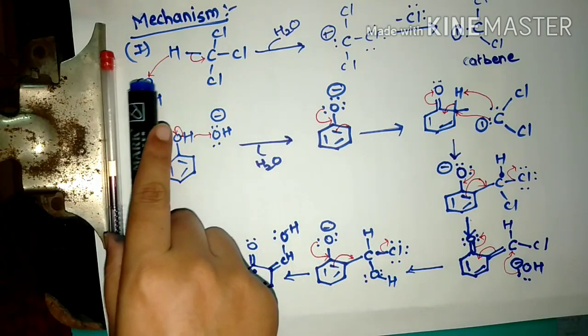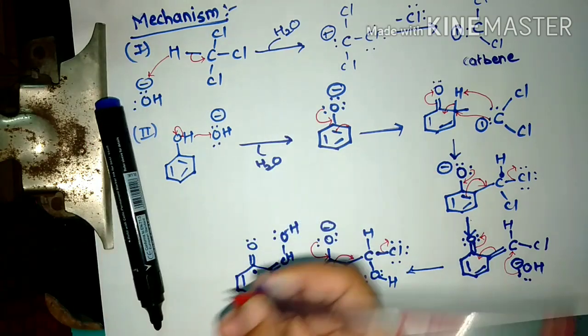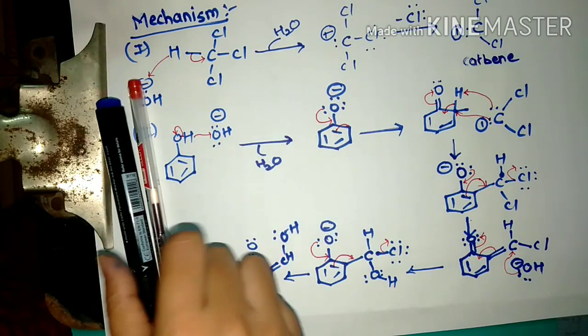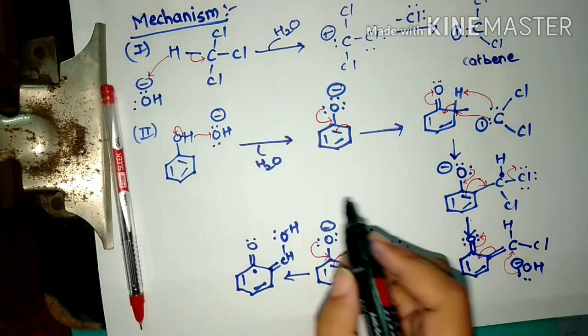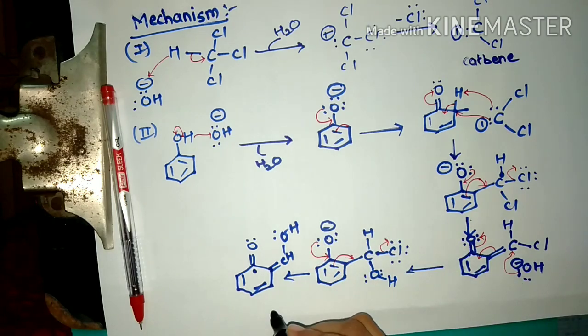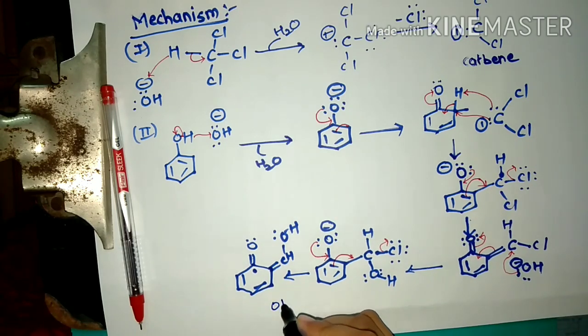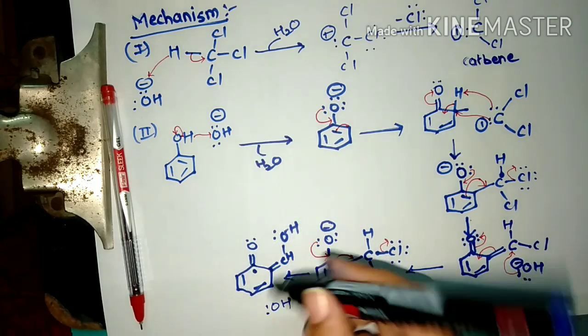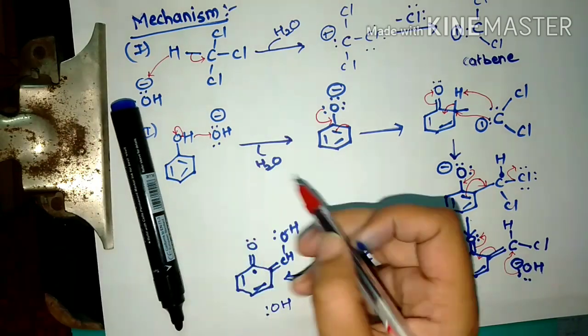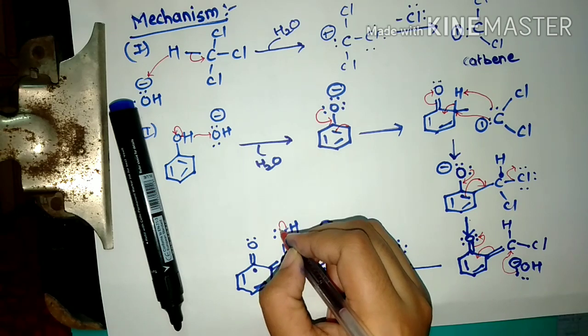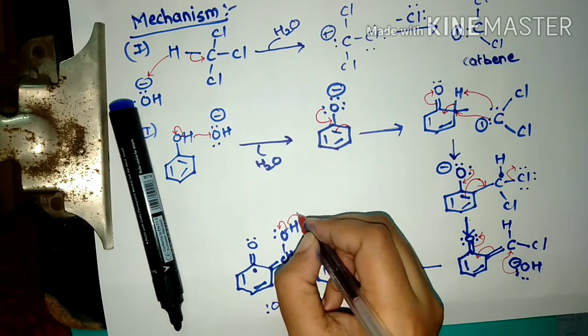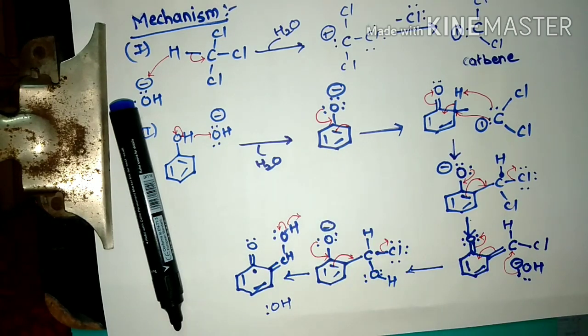Okay, now what will happen? The base which is there in the reaction, this is a base, takes this hydrogen, so this bond is shifted onto the oxygen, and this hydrogen will get removed.